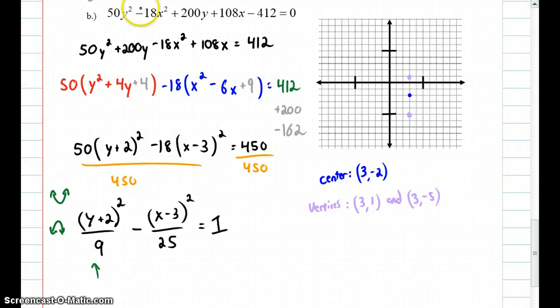Now, if this was an ellipse, I would go over 5 in the x direction in each way. But this isn't an ellipse. Nonetheless, it still helps to plot those points, so that way I can make this box to figure out what the asymptotes are. Because my asymptotes are going to go through the corners of this box.